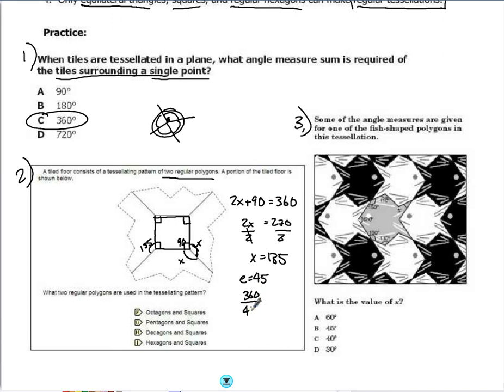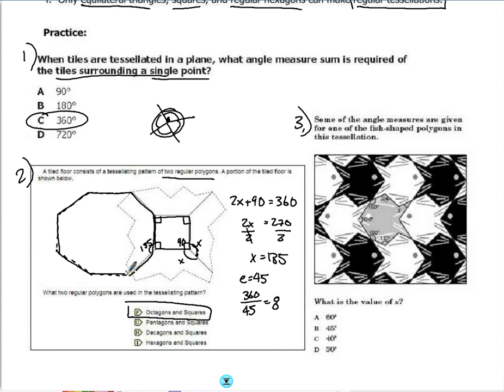I end up with an 8-sided figure, which would be an octagon. Octagon and square. Let's draw that out to see if that actually works. So I'm drawing this octagon out. Yeah, it does make an 8-sided figure that would tessellate there. So your correct answer would be F in that case.